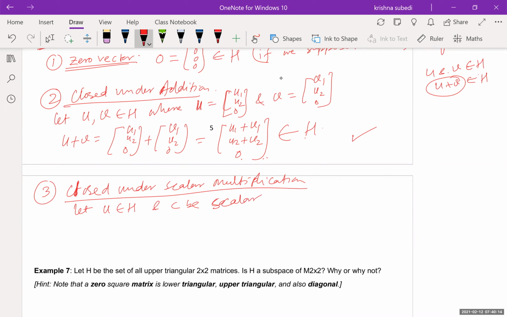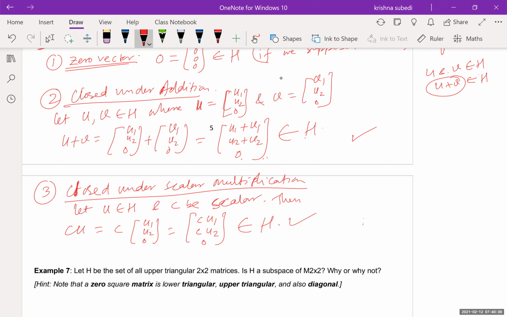Then cu means c times u1, u2, 0, which is cu1, cu2, 0. Clearly, this belongs to H, right? It is also of this x, y, 0 form. So this also checks.